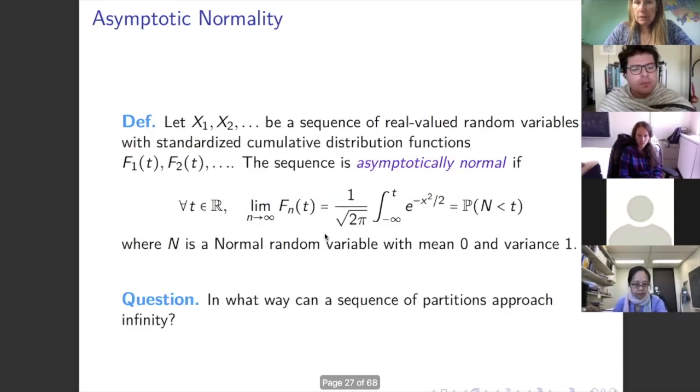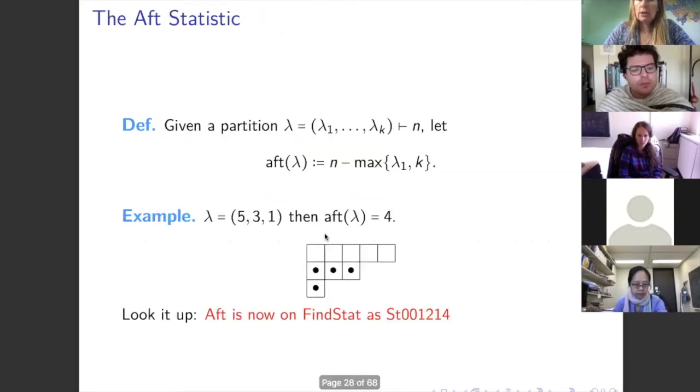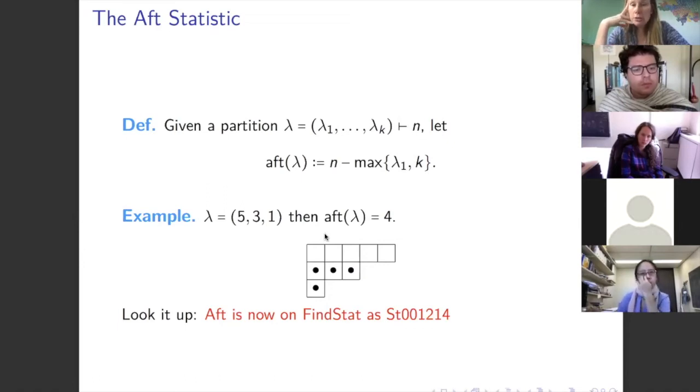It makes sense. And now here's how partitions can go to infinity. I want to take into account all the different ways that partitions could go to infinity. And the sort of the most important thing that we decided to pay attention to was a statistic that we think is new in the literature called the aft of a partition.